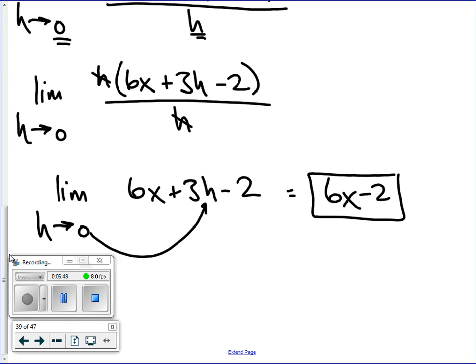A note about terminology and understanding what we're getting when we're done here. Just one more time through. This is the derivative, right? The derivative is the formula that can tell me the slope at any point on the curve, right?